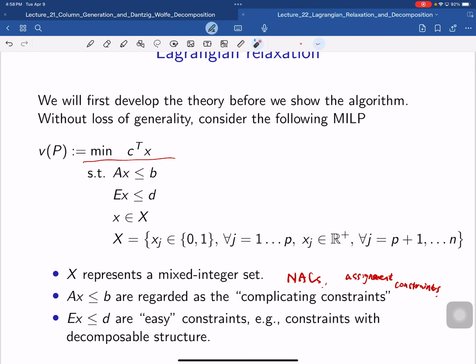This set capital X is saying that x has some binary variables, and the rest of the x are continuous variables. You can think of the capital X as essentially representing the integer constraints in the problem.